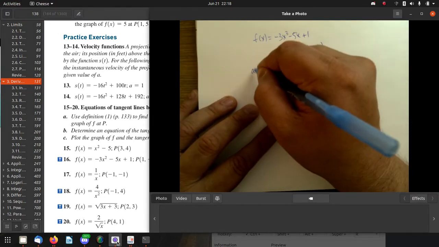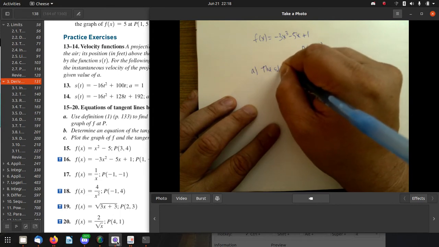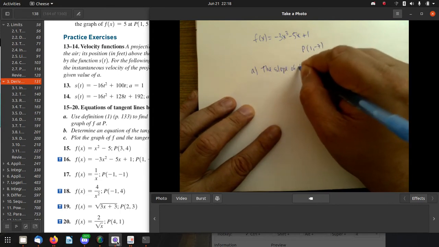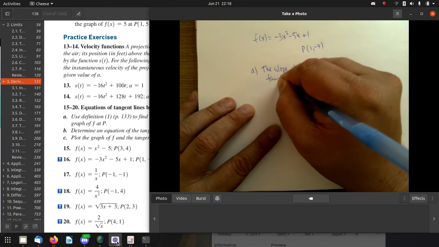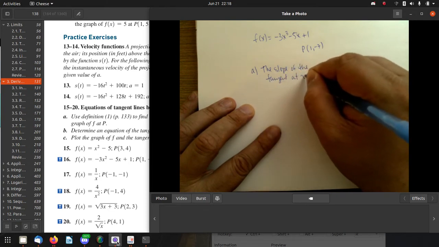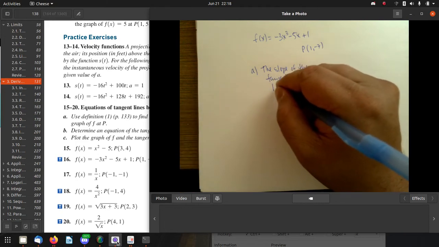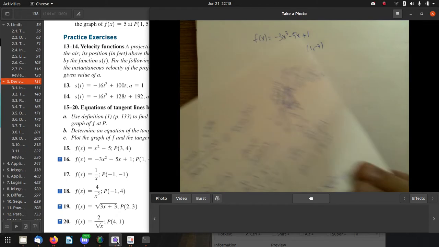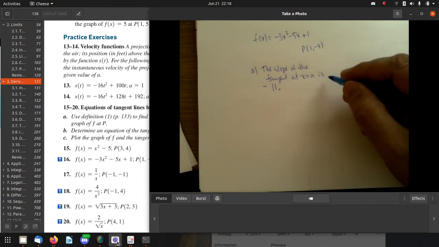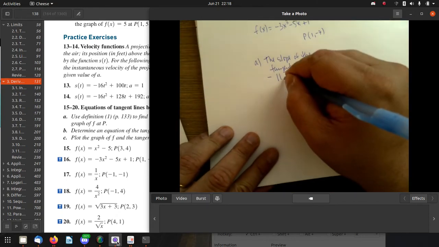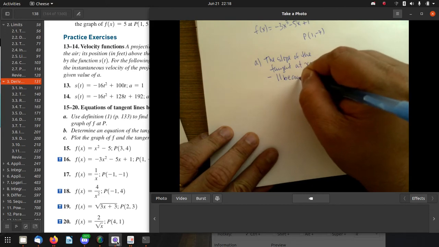We could say part A, the slope of the tangent at x equals a is, what did we say, -11? Yeah, -11, okay? And then you would have your work, and you would say, in your case, as students, I've stepped you through how to do it.